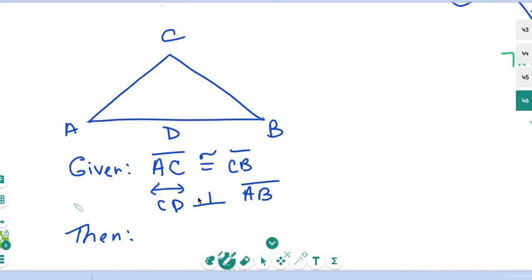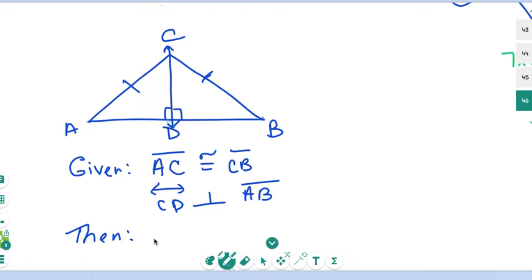Given AC is congruent to CB. Given line CD is perpendicular, so creates right angles, to AB.